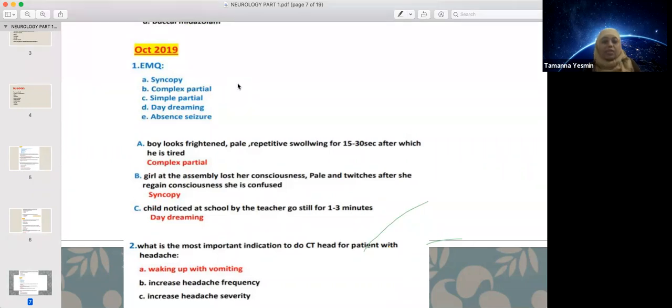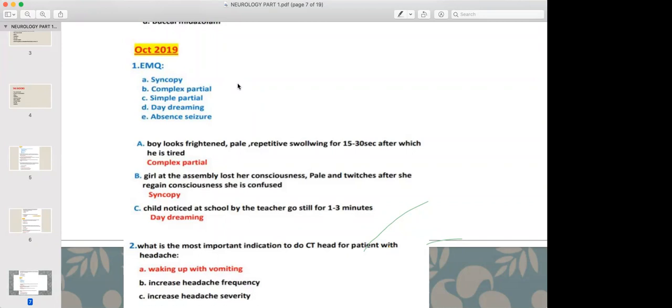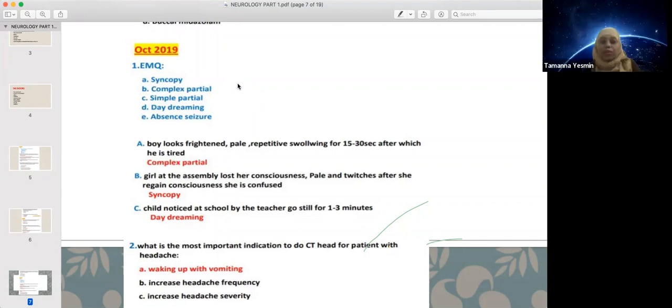The first scenario is a child who is very frightened, pale. There is repetitive swallowing for 15 to 30 seconds, after which he is tired. What type of seizure is it? You have to remember simple partial and complex partial. What is the difference between simple partial and complex partial? In complex partial, the child has aura, yes, aura is one difference.